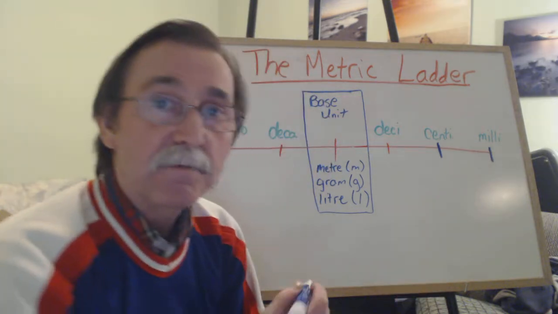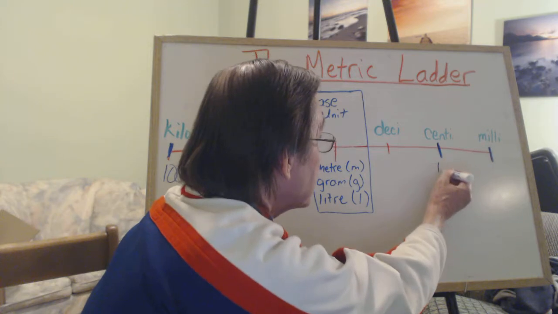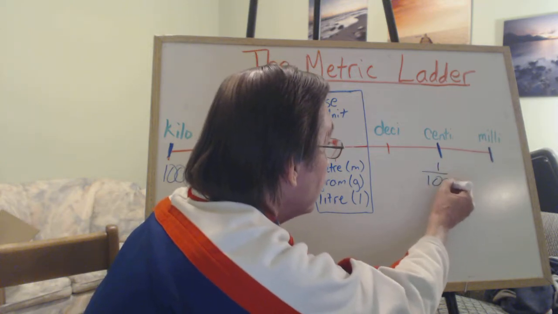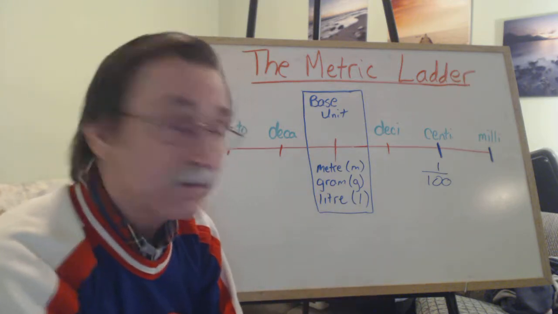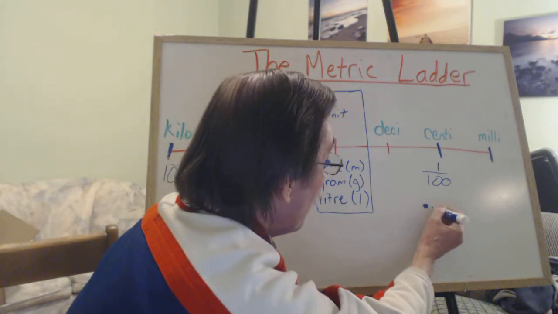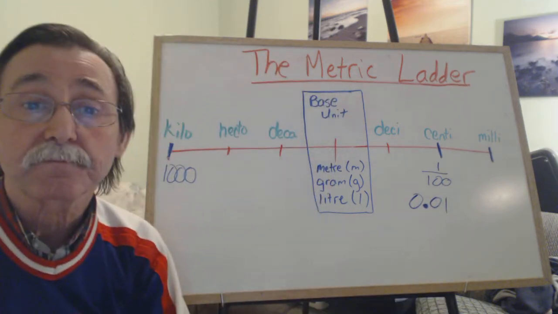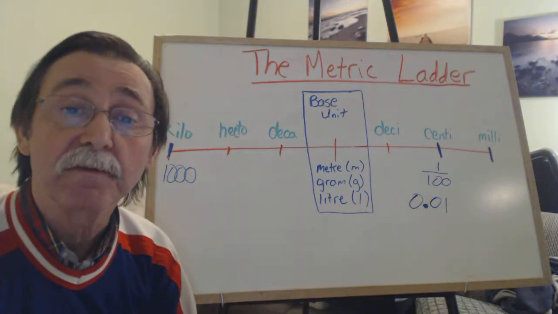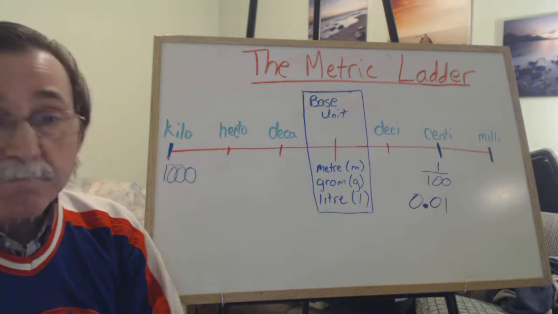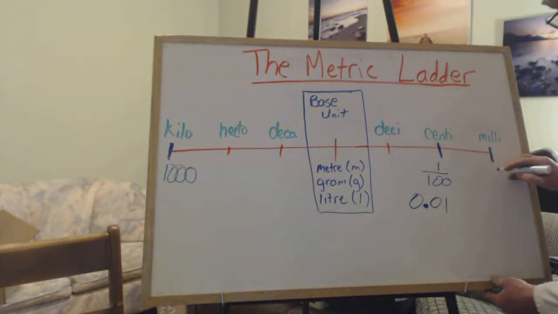So centi means 1/100th, and it's like this, 1/100. And what is that as a decimal? It's equal to, I'm going to say, 0.01. It's a little messy there, sorry about that. And what does milli stand for? I'm going to go over here and write it out. Milli stands for 1,000th.